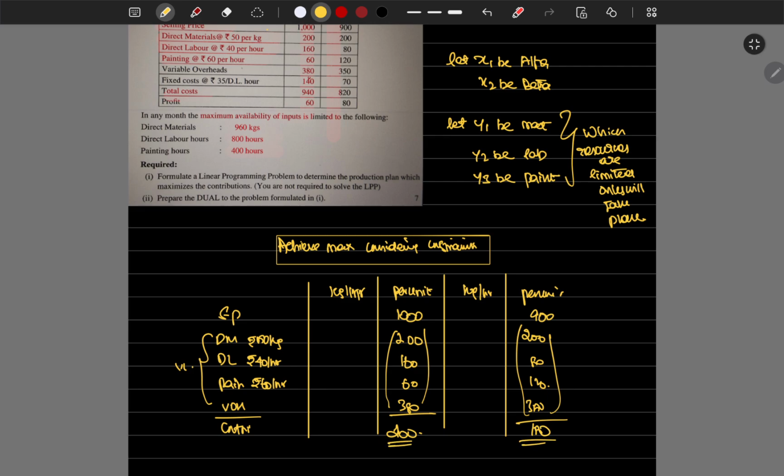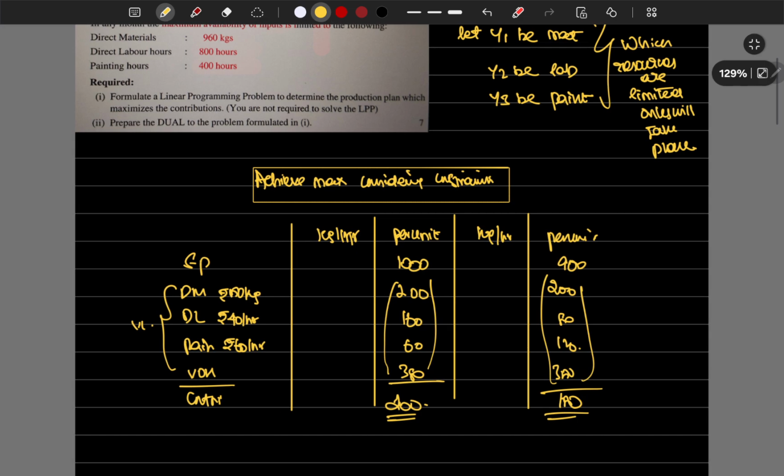Now to calculate the kgs per unit and hours per unit: for alpha, 200 divided by 50 is 4 kgs, 160 divided by 40 is 4 hours, and 60 is 1 hour. For beta, 200 divided by 50 is 4 kgs, 80 divided by 40 is 2 hours, and painting is 2 hours.